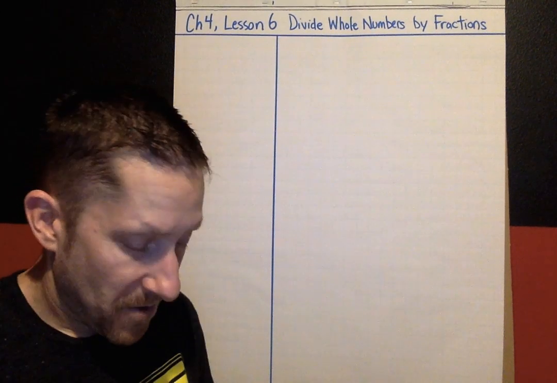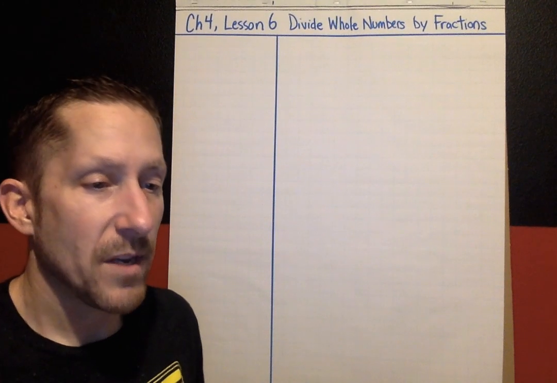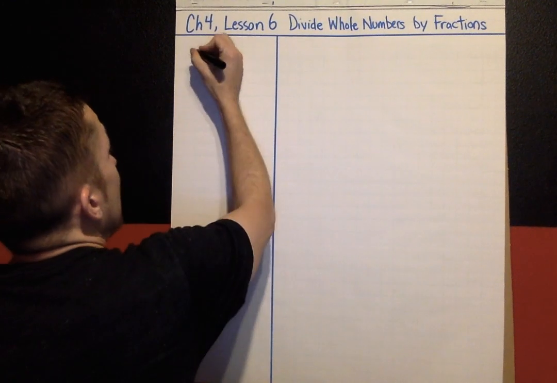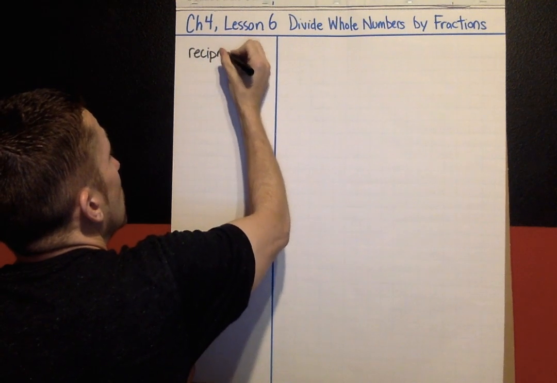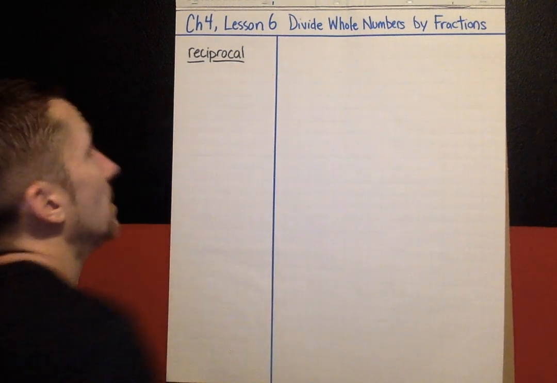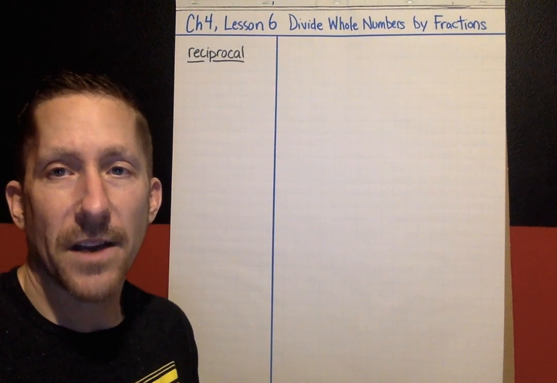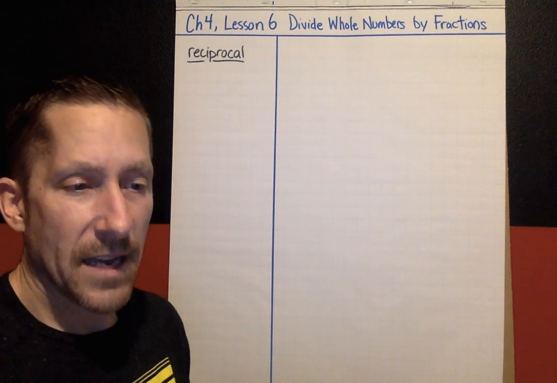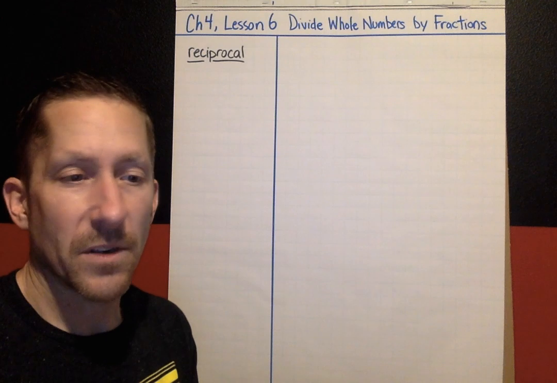Okay, the first key vocabulary word we're going to learn, for most of you what will be a new word today, is the word reciprocal. So practice saying it a few times. Again, the way you say this word is pronounced reciprocal.